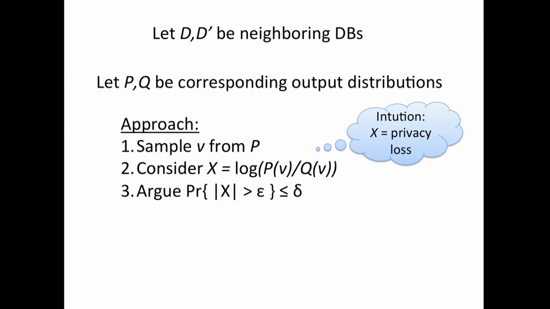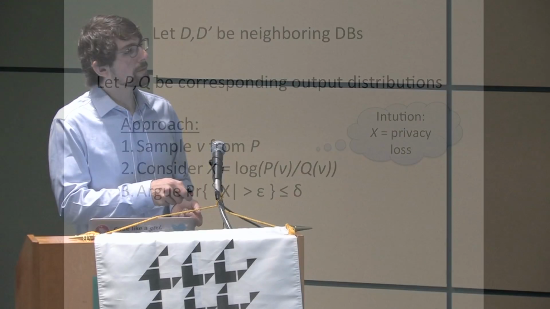This is a random variable because we sampled v at random. And what we're going to show is that this random variable x is bounded by epsilon with very high probability. Okay? I want to think about this random variable as the privacy loss. So the log of p by q. This is some measure of how different these distributions are.